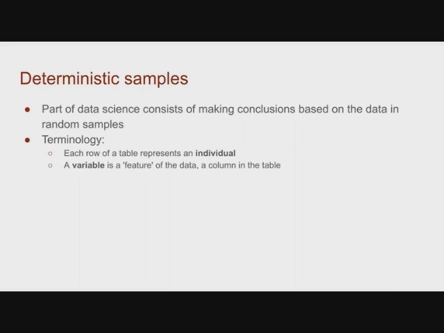I want you to think of the variable as some feature of the data, literally mapping it to our tables. It's a column in the table. Some people call it a feature; I like to think of it as attributes for that individual. So each individual is going to have values in those columns. Each of those values represents a particular feature of one or more variables in our table.